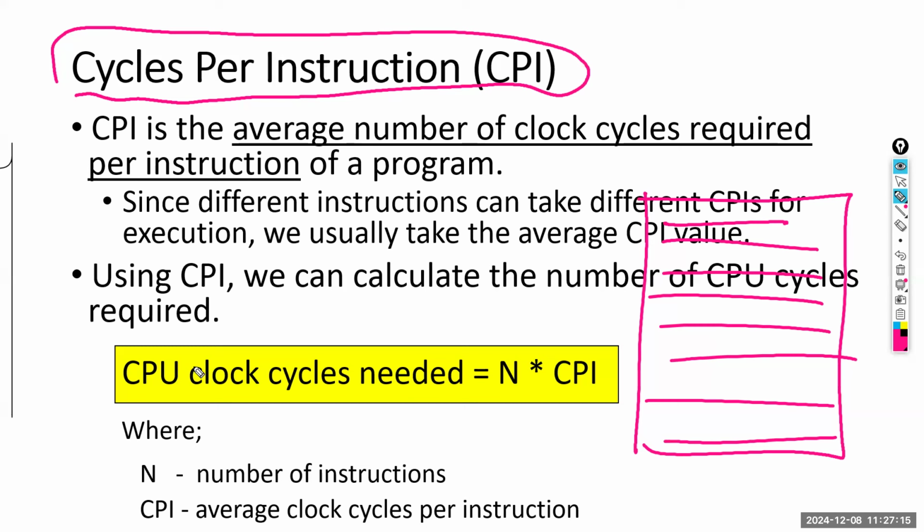So if you have n instructions in your program, and CPI, the cycles for one instruction, is given, then the number of clock cycles needed is CPI into n.